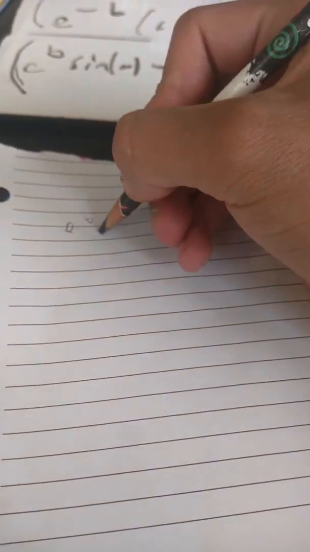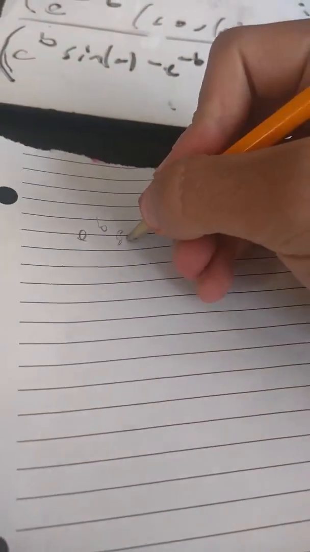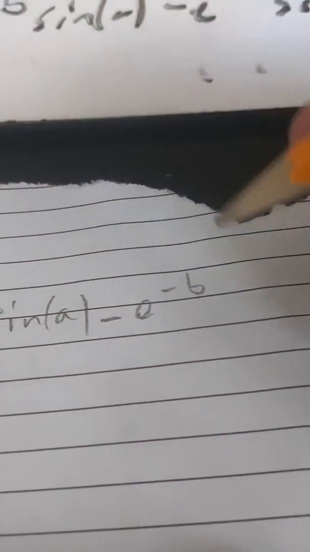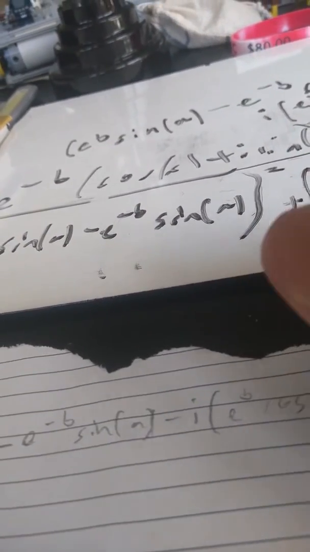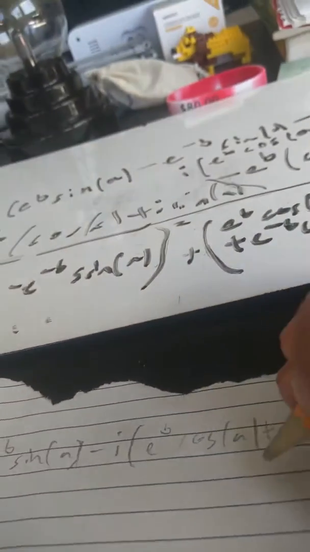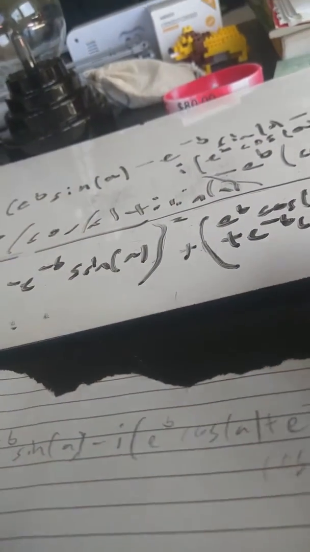e to the b sine of a minus e to the negative b sine of a minus i times e to the b cosine of a plus e to the negative b cosine of a.